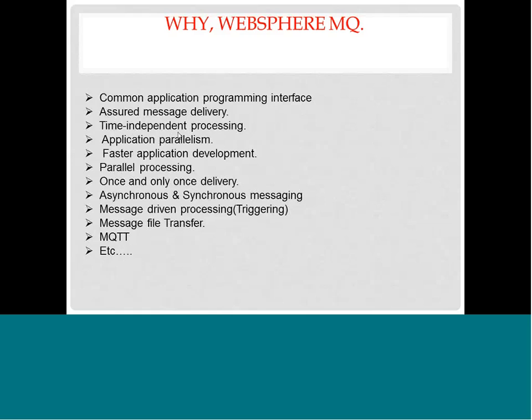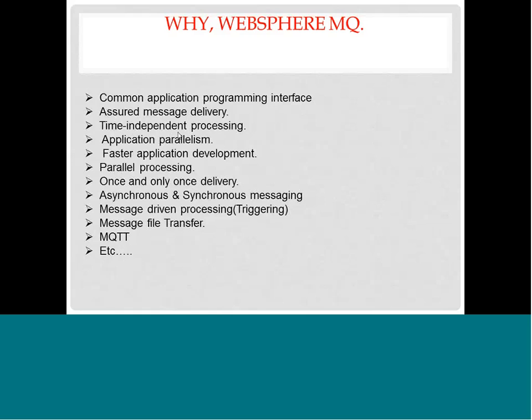When you go for a web service call, when you are sending a request from one place to another, and the destination application is not available, that web service call will fail, right? It will simply throw an exception, such as page not found or service not available.